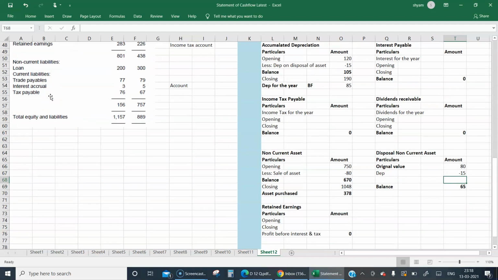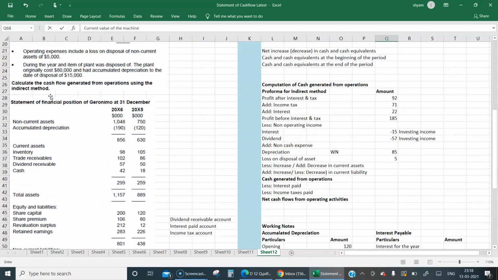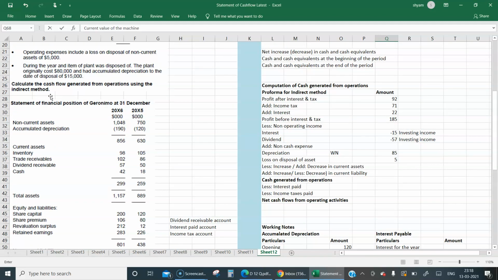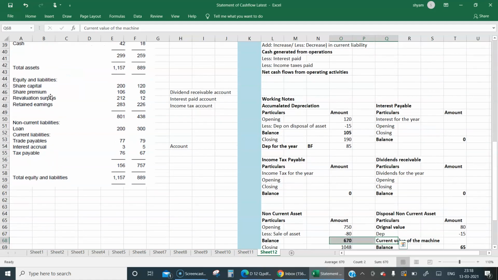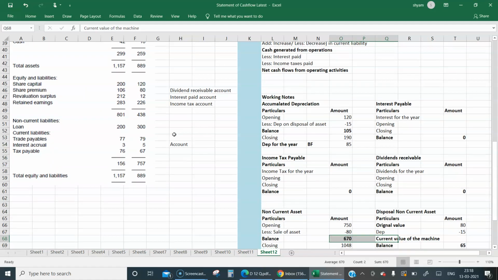What is the current value of the machine? First of all, is it a machine or an asset? It's an NCA, so we'll put it as an NCA itself.